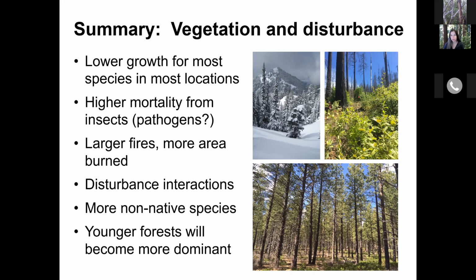We can expect larger fires, increased area burned, and some potential disturbance interactions between fire, insects, and drought. Those increases in disturbance plus some shifting species distribution across the landscape could allow for the establishment of more non-native species. And if we have more disturbance overall, we're likely to have more young forests in the future.